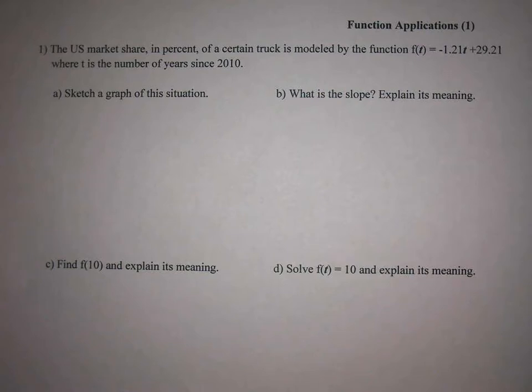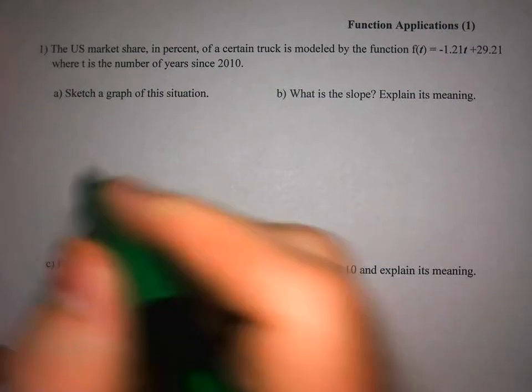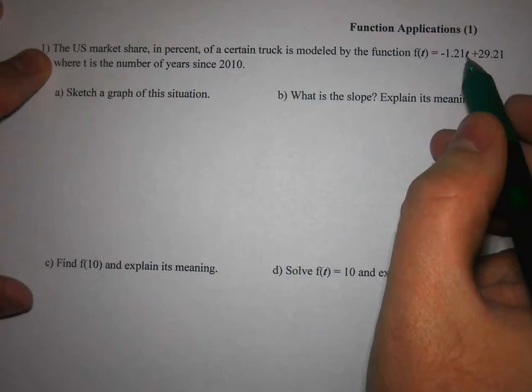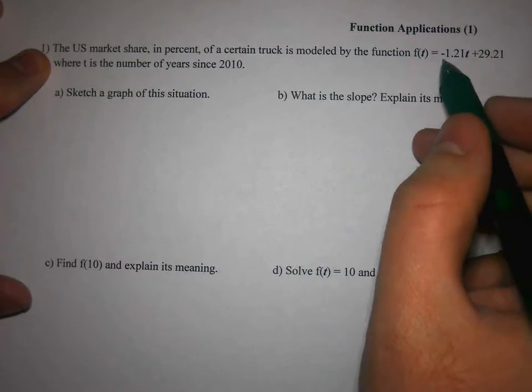So sketching a graph, notice I don't give you a grid to do a scatter plot or anything like that. This is meant to be like a 30-second graph and you're done. Notice that t is the years since 2010. f of t is going to represent the percentage.